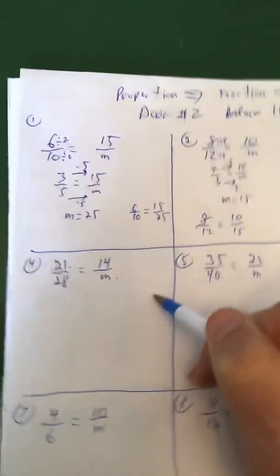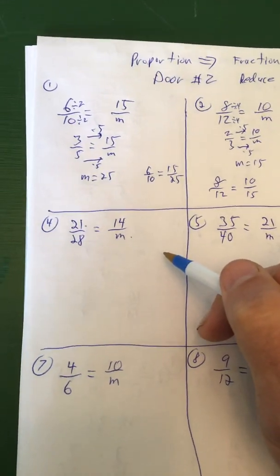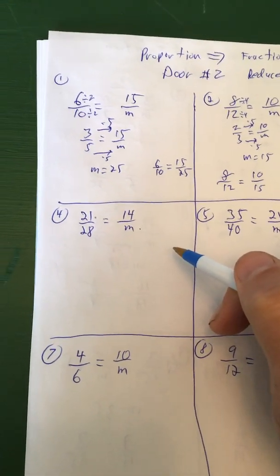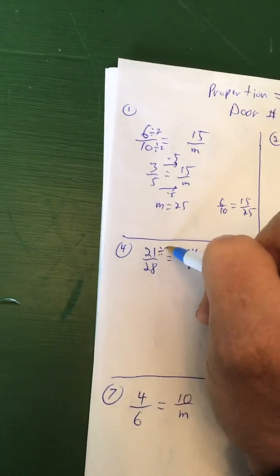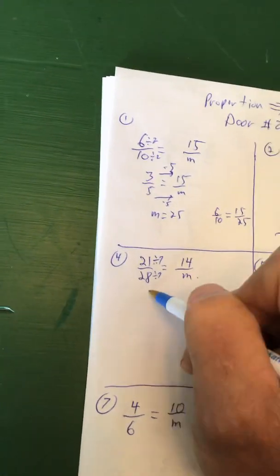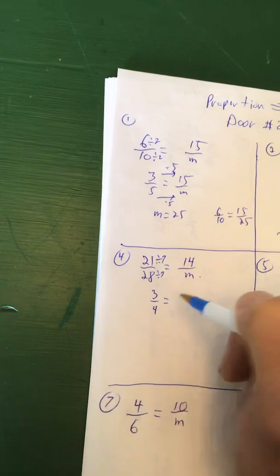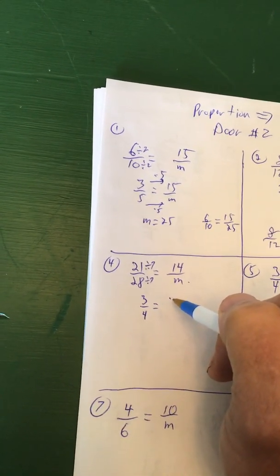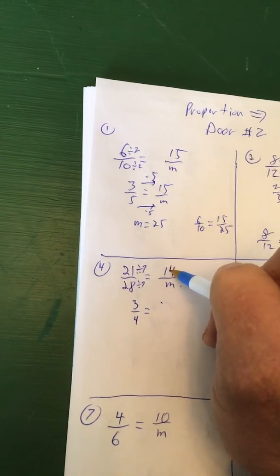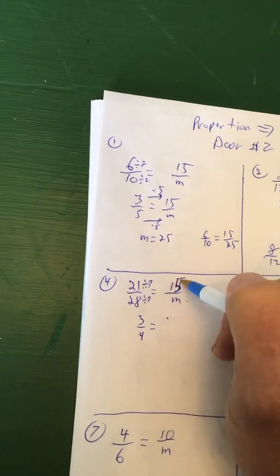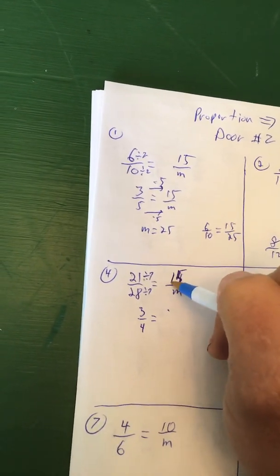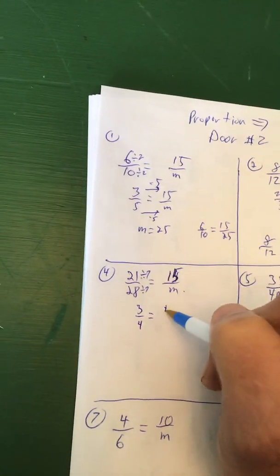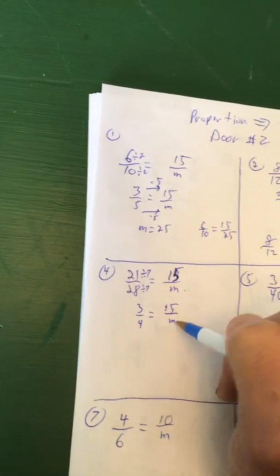Number 4. Copy and go. Hit pause. You should have an idea now. I'm going to divide both these by 7. This is where times tables is so important. If you don't know your times tables, I'm going to have to change this. I'm going to have to call this 15 over m, right? Let's change that. Otherwise, this wasn't going to be friendly.